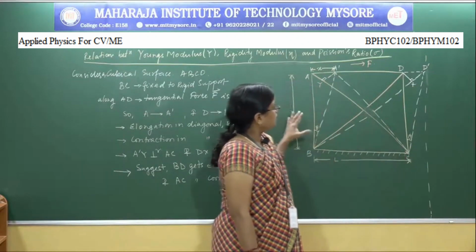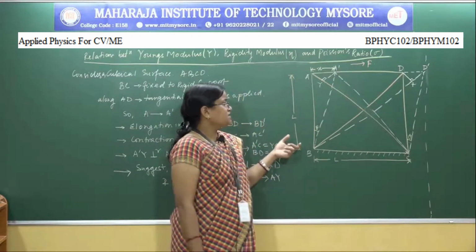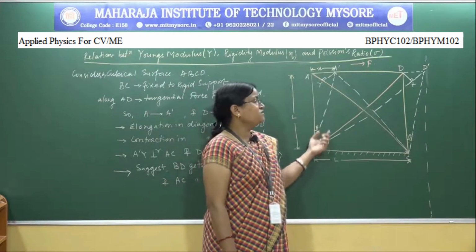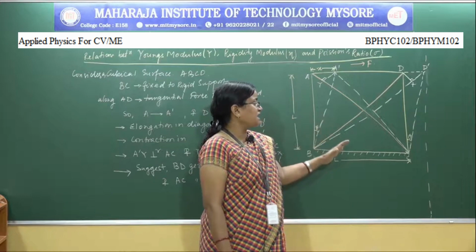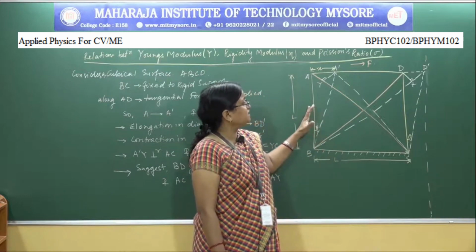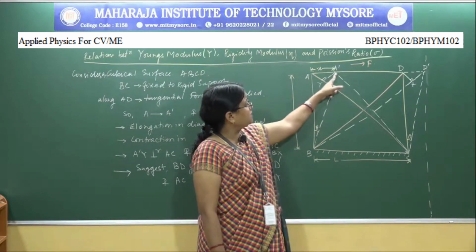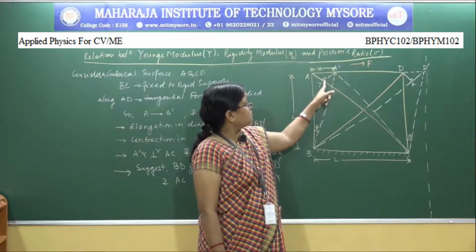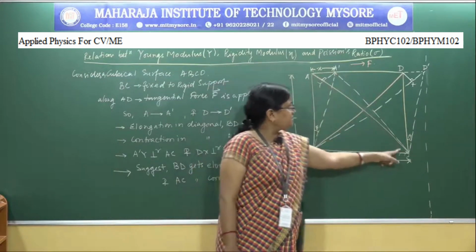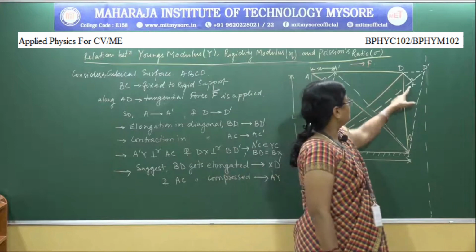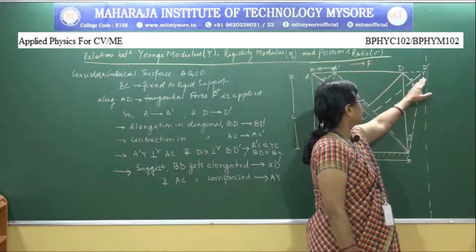To find out how much change there is when the elongation or compression takes place in the diagonals BD and AC respectively, we will put a perpendicular A dash Y on AC and dX on BD.